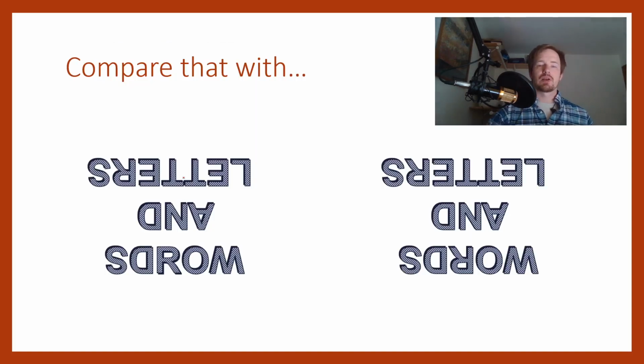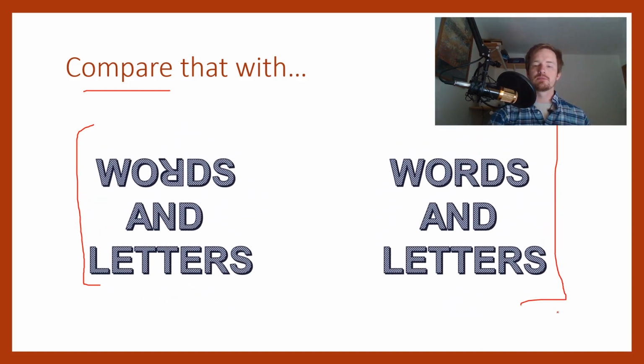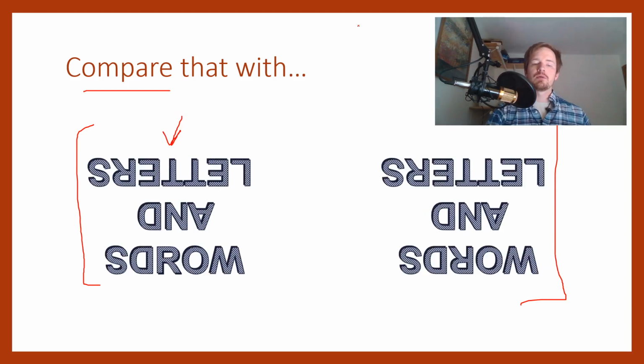So here's an example of what I was talking about, how whenever you compare things with letters and words, which of these is messed up? When they're rotated, you can see this one is the one that's messed up. But generally you can look at this and tell very easily that it's spelled wrong, or that it is different, right?